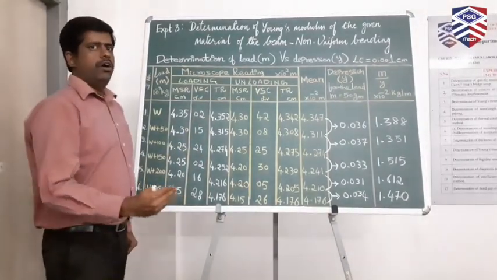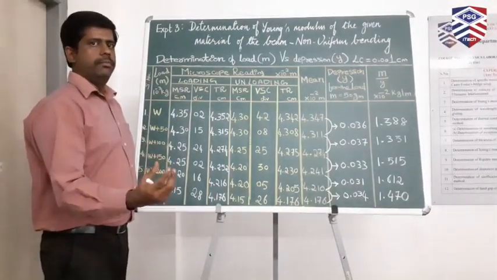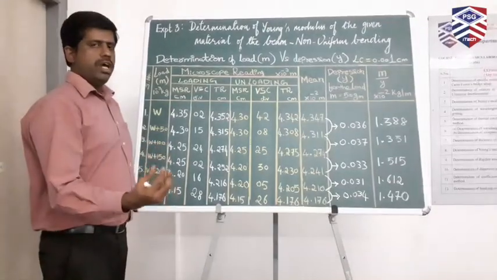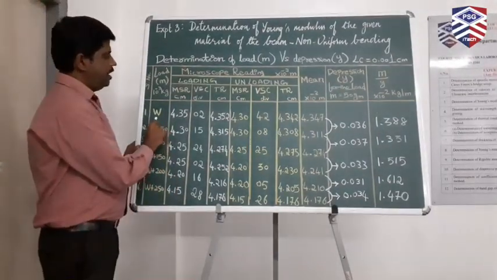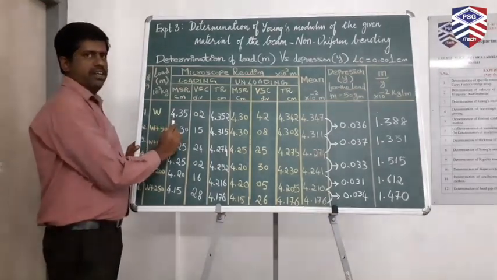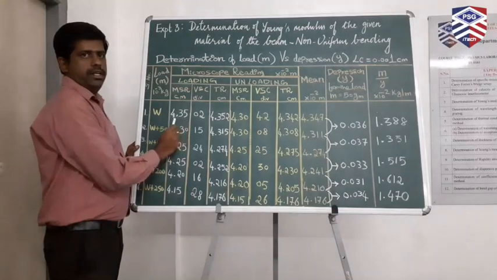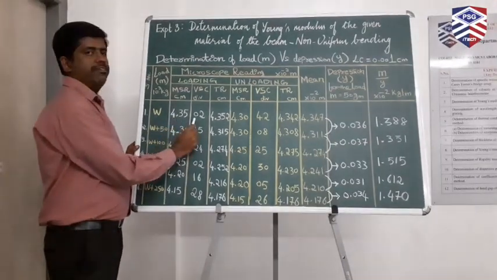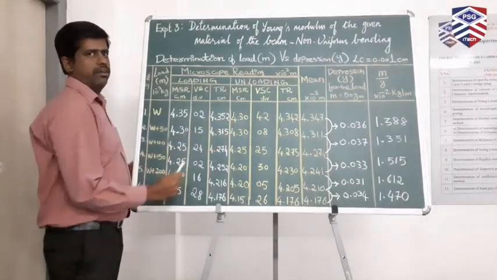As we have seen already, when the dead weight W is hung on the beam, which is non-uniform bending in our case, from the vertical scale reading we note the main scale reading and vernier coincidence, from which the total reading can be calculated.